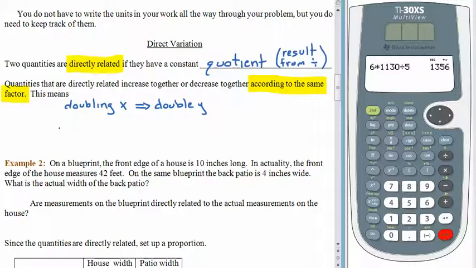If you took half of x, that means that you're only going to get half of y. So these things go up and down together, but in a multiplying or dividing sort of way, not an adding or subtracting sort of way. Let's look at an example.